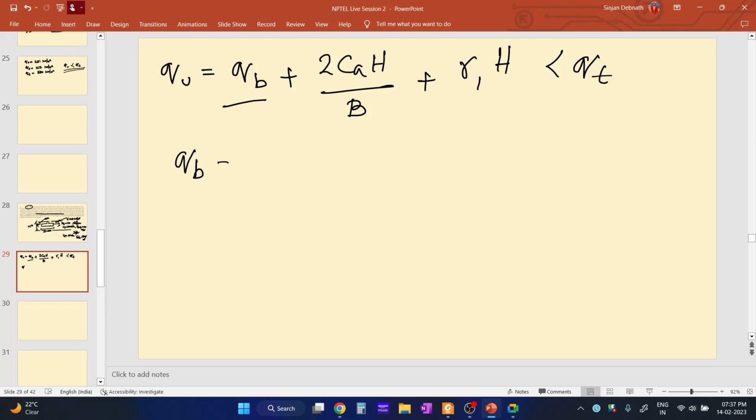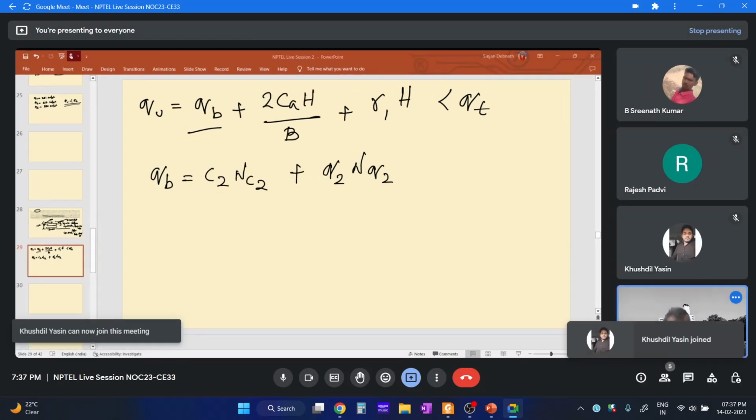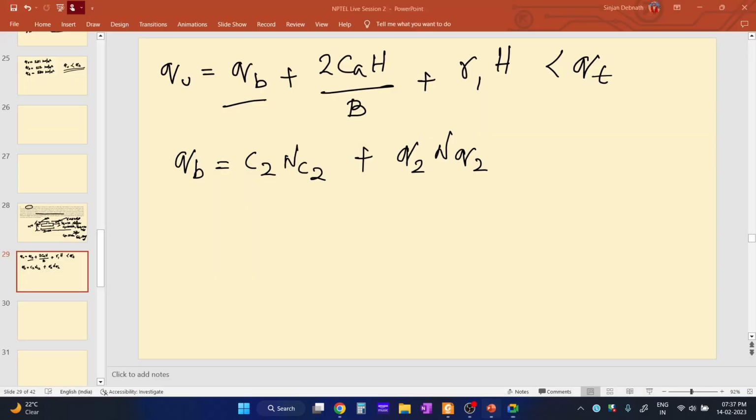So what is qb? qb is the bearing capacity of the bottom layer, which is c2 Nc2 plus q2 Nq2. Okay.